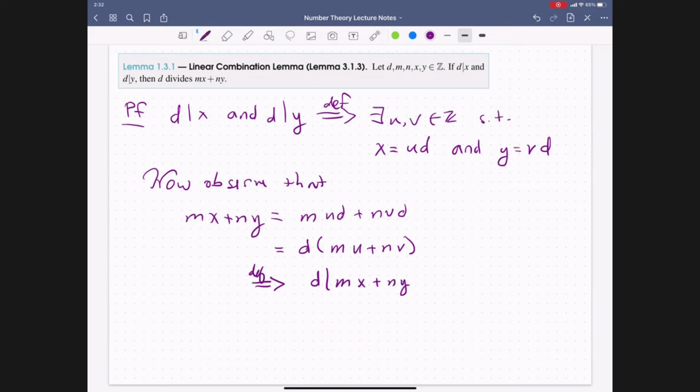Since what we have just shown is that d is a factor of mx plus ny, we now have the proof of the linear combination lemma.